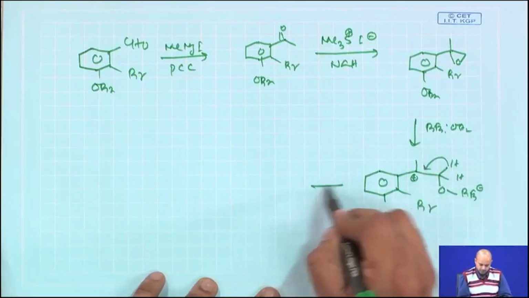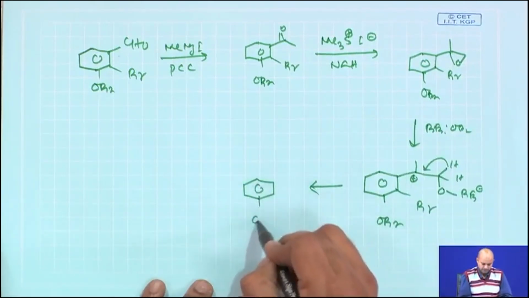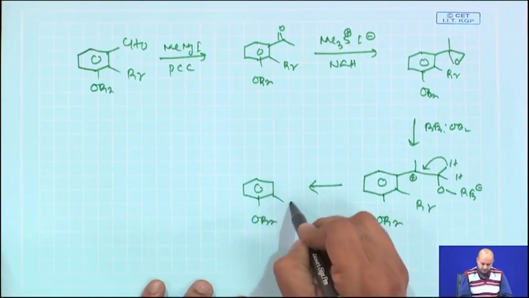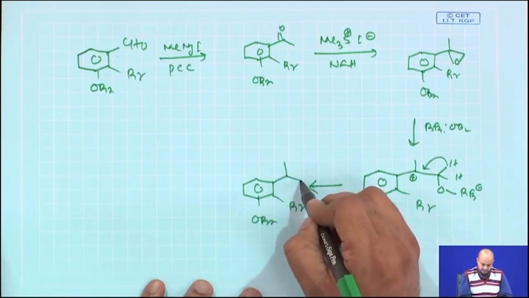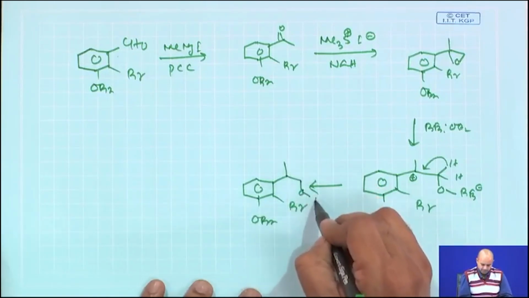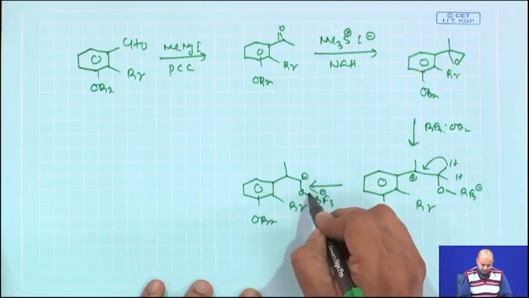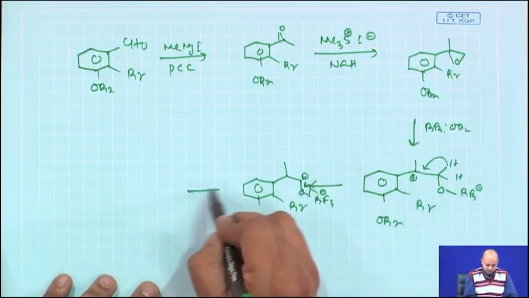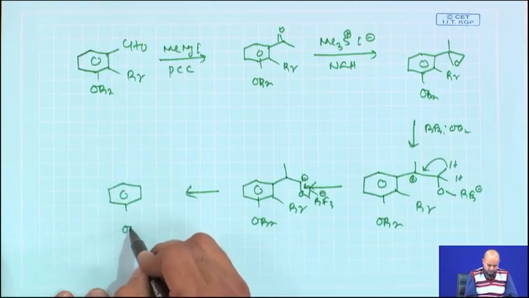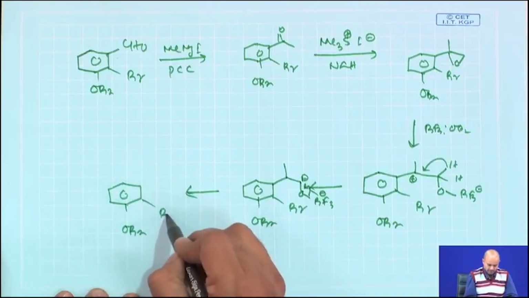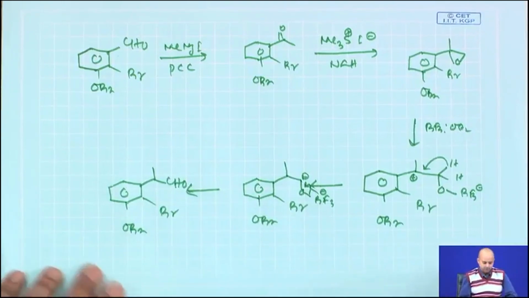If one hydrogen migrates, you basically get a positive charge here. Now quench this carbonium ion, you basically get the OBn, Br, methyl CHO. So, the mechanism of the Meinwald rearrangement is very crucial.